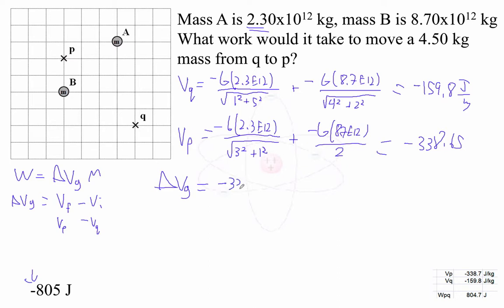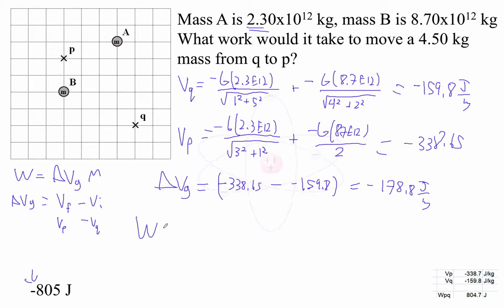So negative 338.65 minus the potential at Q, which is where we started. That's our initial, right? Because we're going from Q to P. So minus a negative 159.8. Okay, so that guy minus this guy is actually negative, we go down 178.8 joules per kilogram.